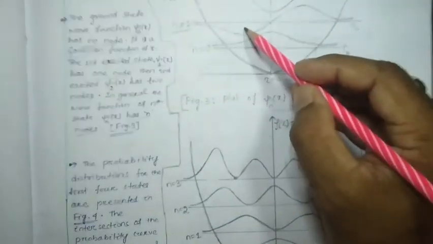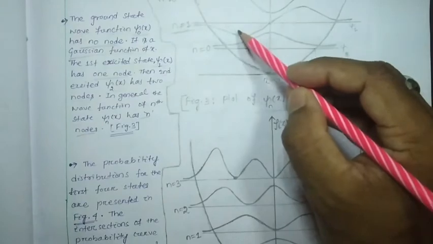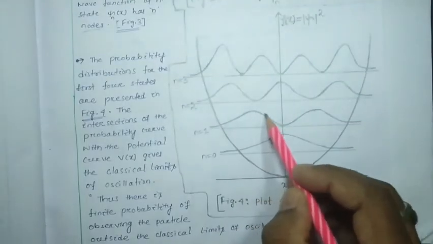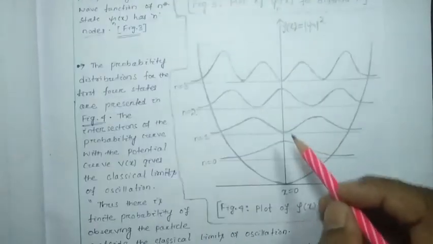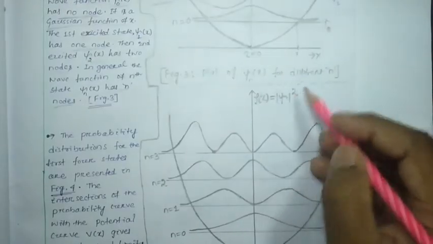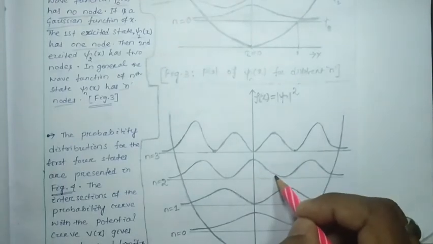All the negative values will be represented as psi mod square, that means this one. So the probability distribution for the first 4 states is represented in figure 4.